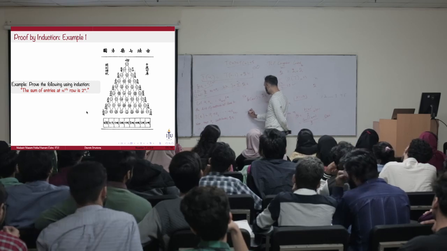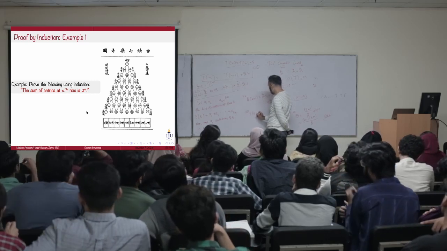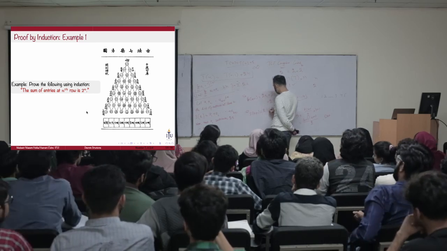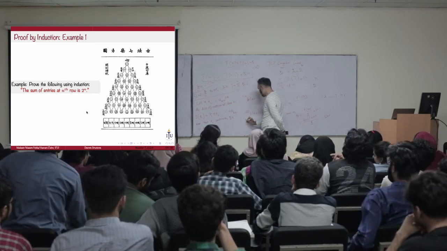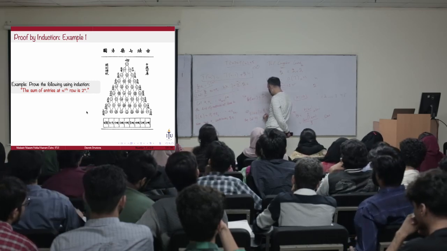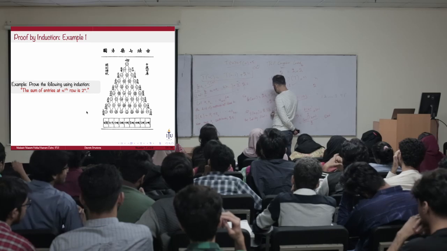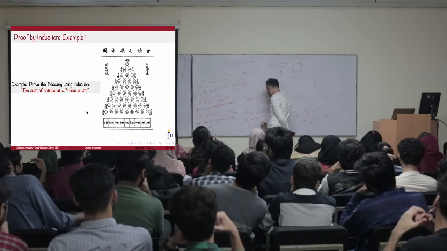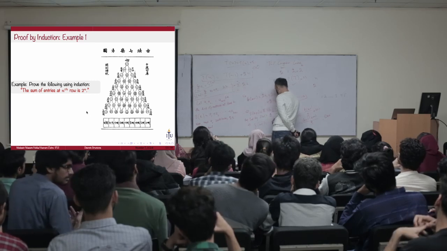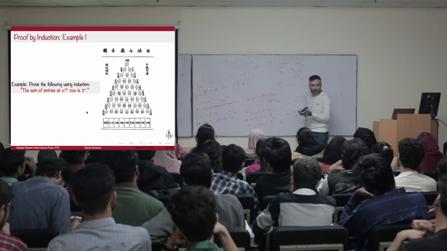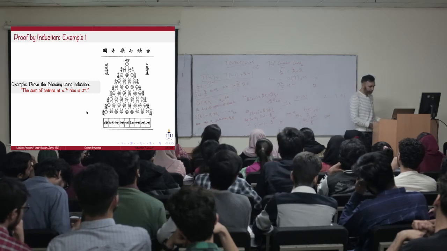So this implies that s of k plus 1 is just 2 times s of k. By inductive hypothesis, s of k is equal to 2 raised to power k, implying that s of k plus 1 is equal to 2 raised to power k plus 1. Okay? This is the complete proof.